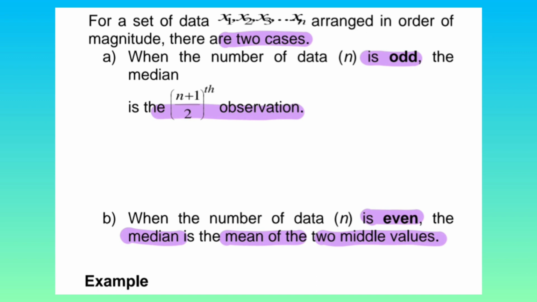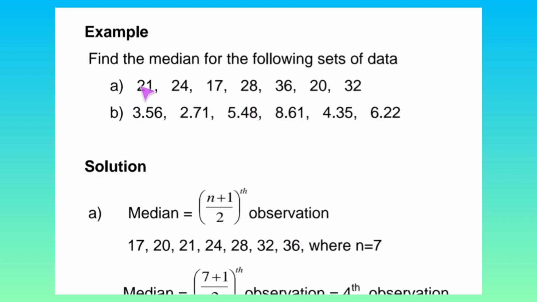Okay, let's see the example. Find the median for the following sets of data. Firstly, make sure we arrange the given data in ascending order. So here, to find the median, in this case we have 1, 2, 3, 4, 5, 6, 7, and n is 7. So it is an odd number. So the median will be the (n plus 1) over 2 observation.